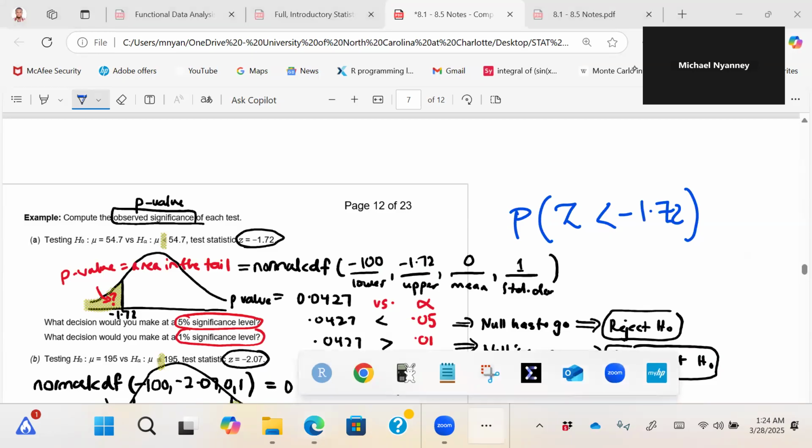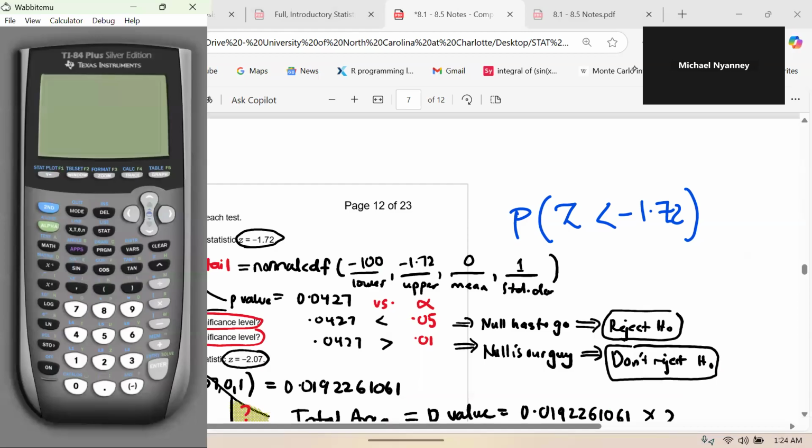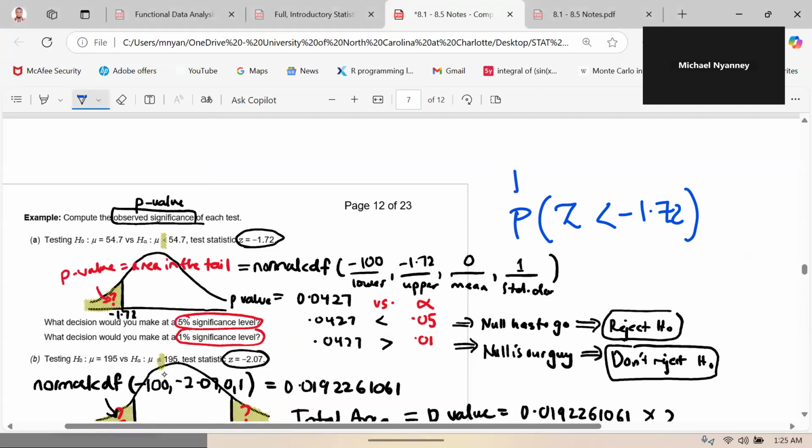So you use your calculator, you hit second, choose VARS, then you go to the normalcdf, that is 2. Then you choose your lower, so your lower will be any value, maybe minus 100. Then your upper value is minus 1.72. Then you hit enter, then you're good. That will be your p-value. That is how we calculate it.